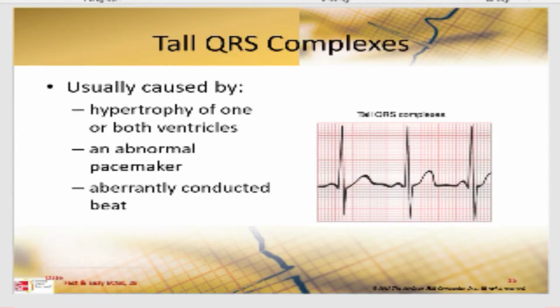If you have a tall QRS, it's usually caused by ventricular hypertrophy, and it can be one or both of the ventricles. It can be an abnormal pacemaker, or it could be an aberrantly conducted beat. It's just not being conducted. Aberrant means departing from the expected standard, so it's anything unexpected.